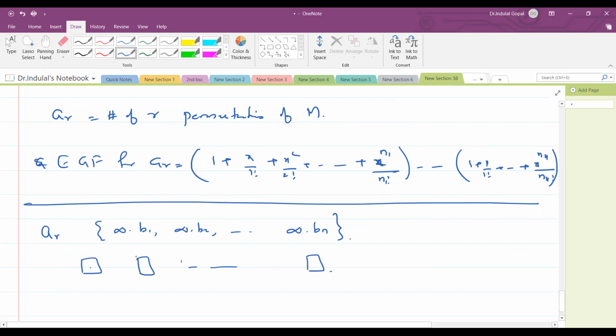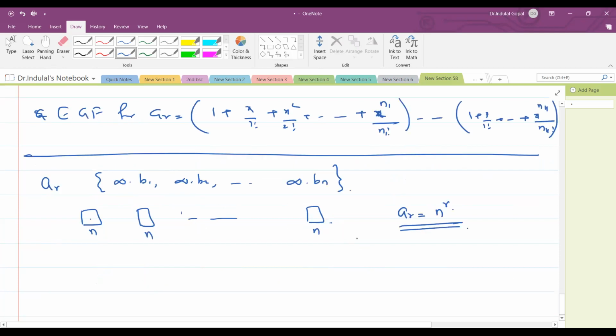The first place can be filled by any of these n symbols. Since the number of these symbols is not limited, the second place can also be filled using n symbols, etc. The last place can also be filled using n symbols. Therefore AR, the total number of r permutations, is n into etc., r times. That is n raised to r. The basic multiplication principle derives the expression.